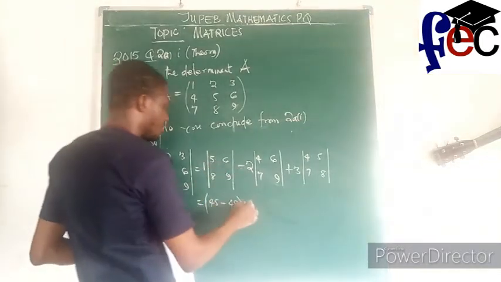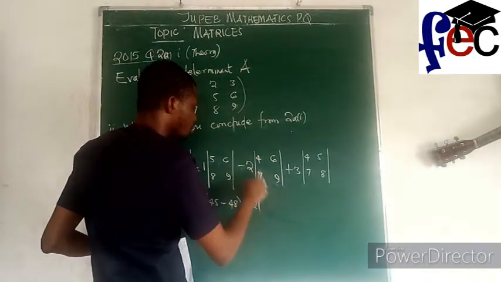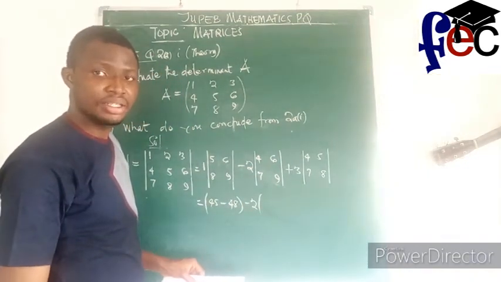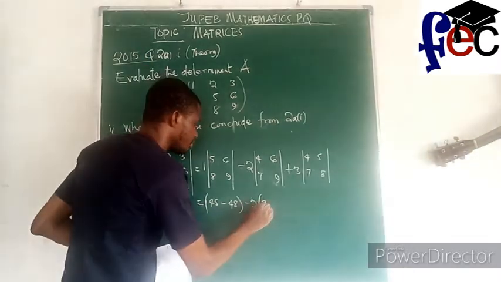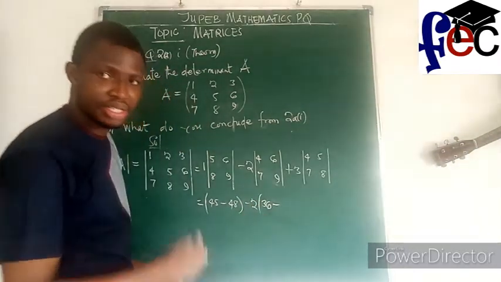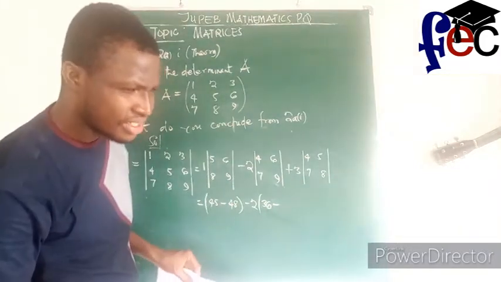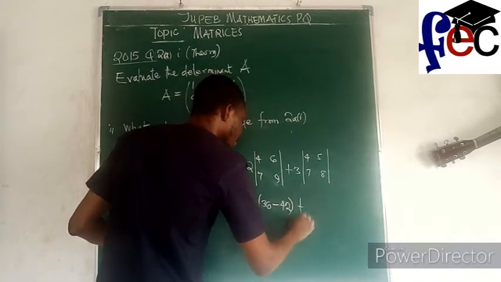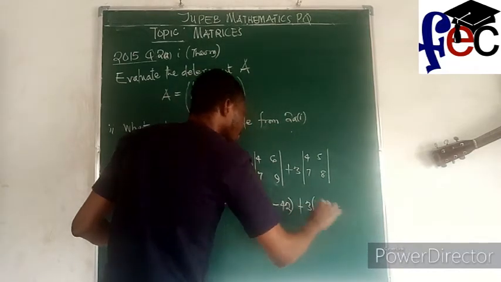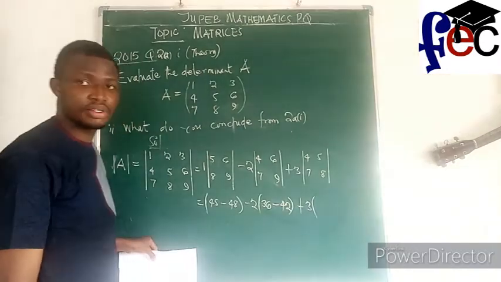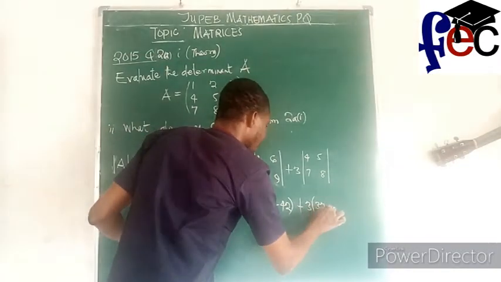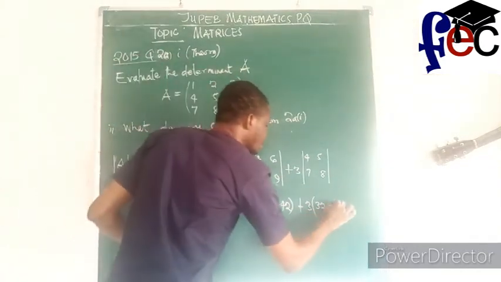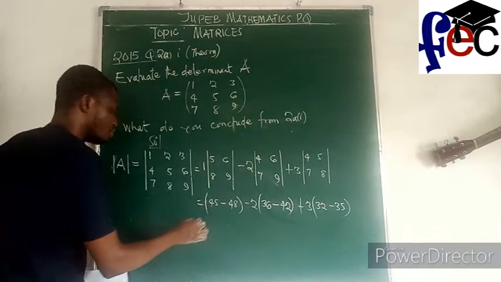Then minus 2 into 4 times 9, now 4 times 9 is 36. Minus, what about 7 times 6? Okay, 42. You are correct. Plus 3. What is 4 times 8? 32. Minus, what about 7 times 5? 35. You are correct.